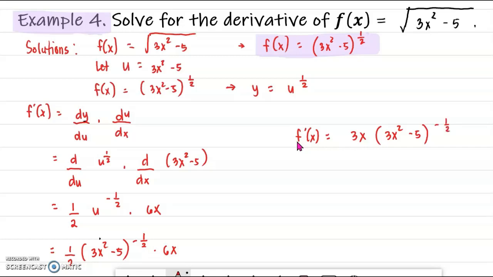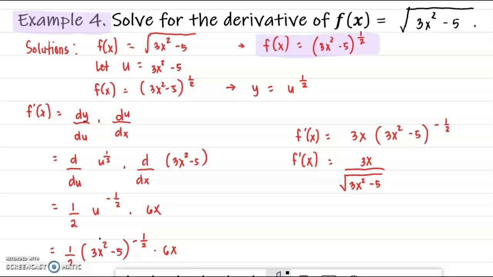Now we know that the quantity 3x squared minus 5 raised to negative 1/2 is equal to 1 over the square root of 3x squared minus 5, meaning our final answer would be f prime of x is equal to 3x over the square root of 3x squared minus 5.